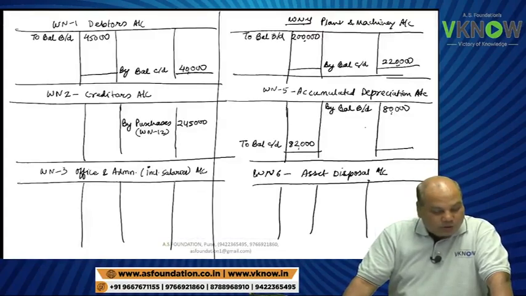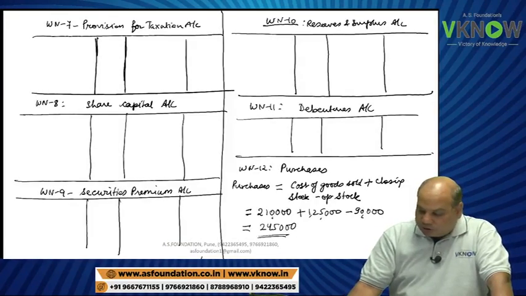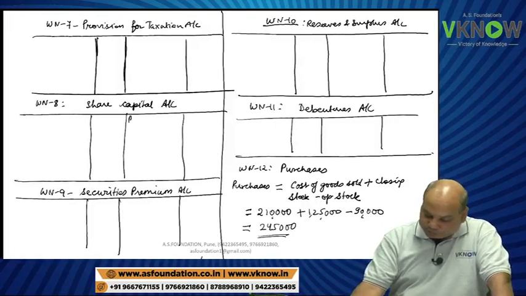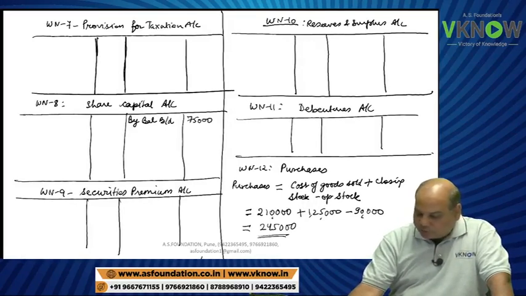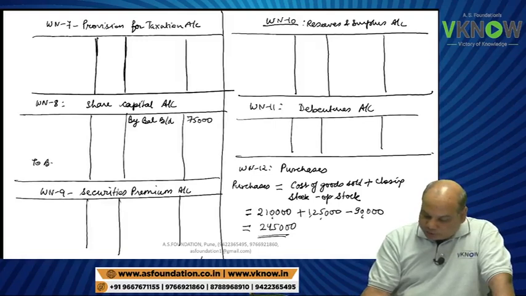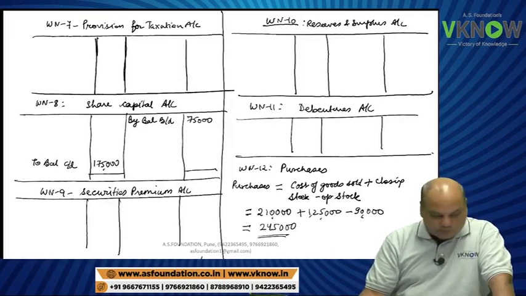Liability side has a lot of working notes. Share capital, working note number 8. By balance brought down 75,000 and to balance carried down is 1,75,000.